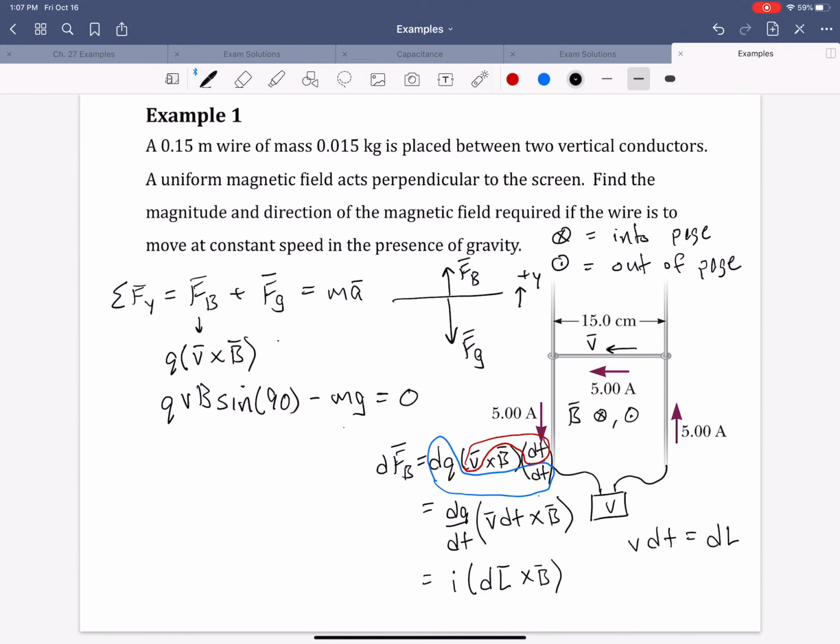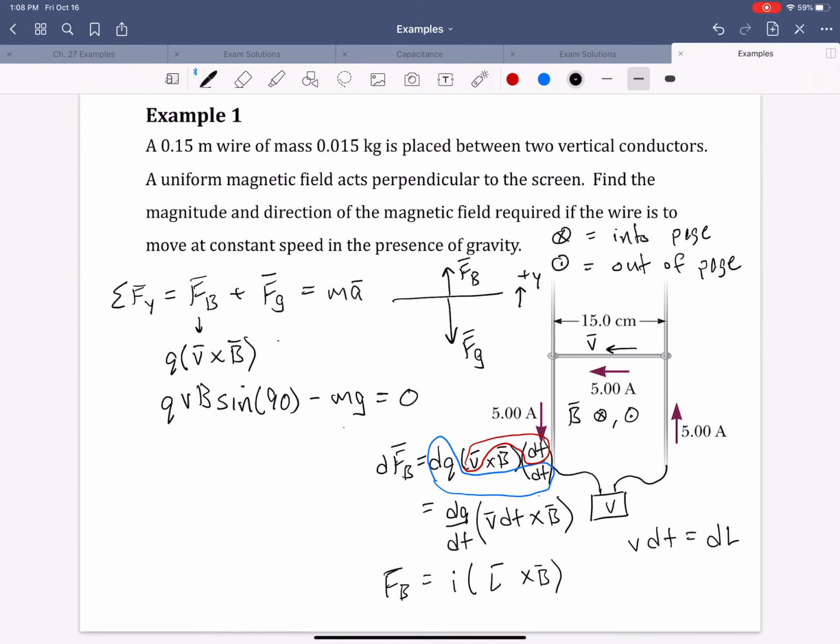We just multiplied by 1 and looked at what we got. So now it's in terms of the current and the distance. If you want to write this back with the full force, you don't need that differential anymore. It's just L.